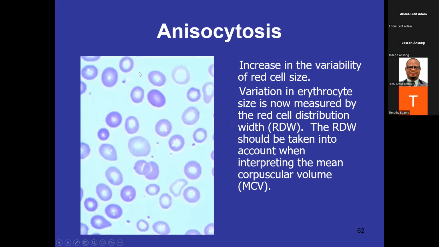Here is a picture of anisocytosis. Variation in erythrocyte size is measured by the red cell distribution width, and the RDW should be taken into account when interpreting the mean corpuscular volume of this type of film.